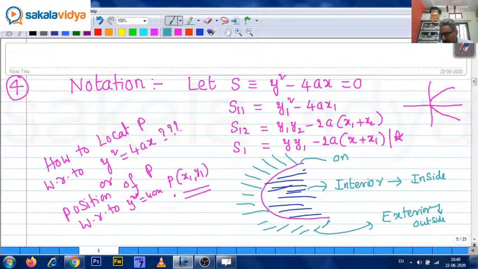So what is the test to be conducted to find out the position of the point? This is very important. It plays a major role. S11. We need to find out S11.